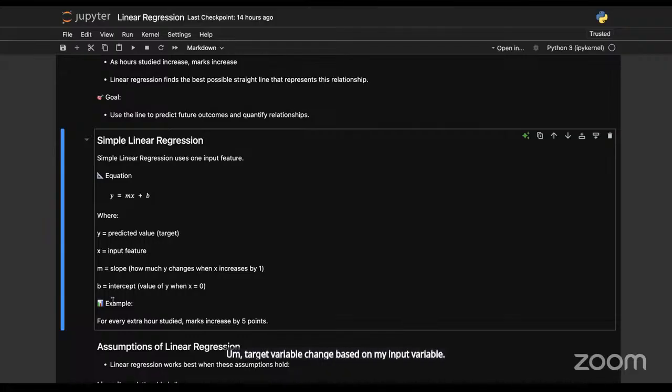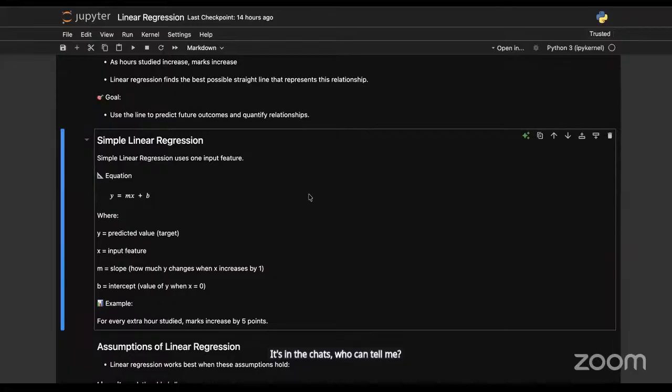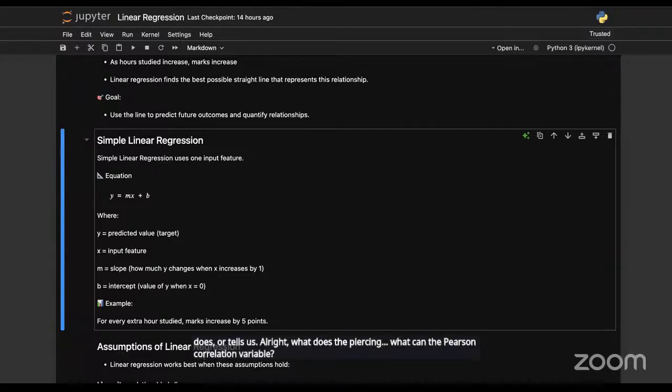All right, remember with correlation, do you remember what correlation is? It's in the chat. Who can tell me what the Pearson correlation tells us? What can the Pearson correlation coefficient tell us?